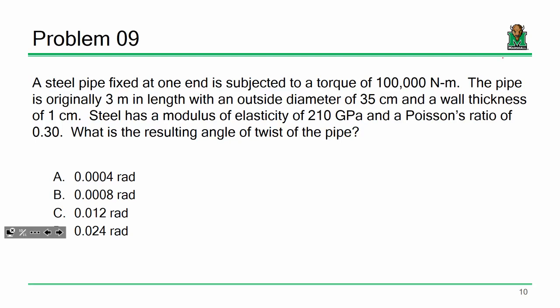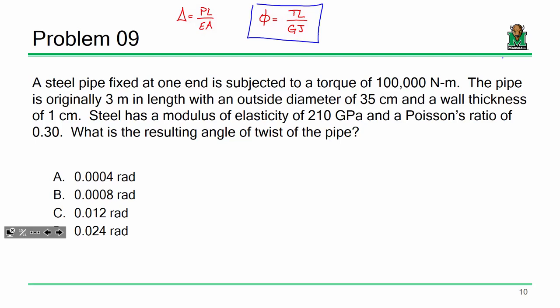For a bar, remember this, PL over EA. That's for if you take a bar and yank on it. If you take a bar and twist it, like you're wringing out a sponge, its angle of twist is TL over GJ. I challenge you to find that formula in the manual.